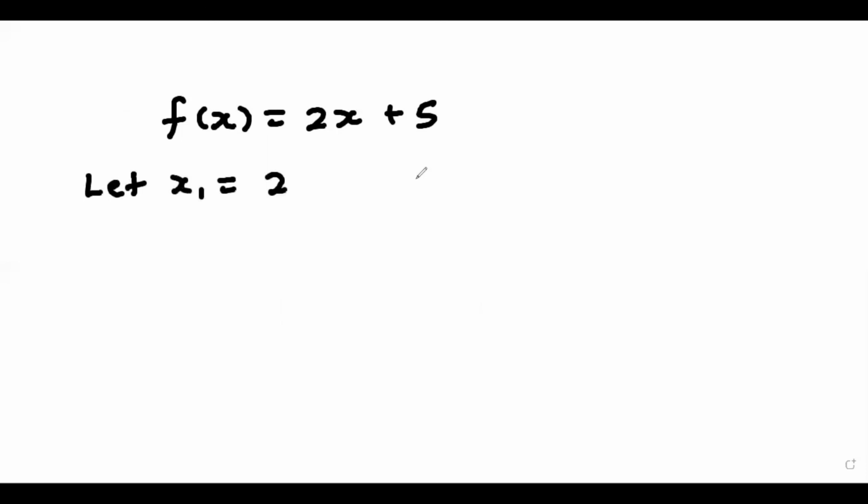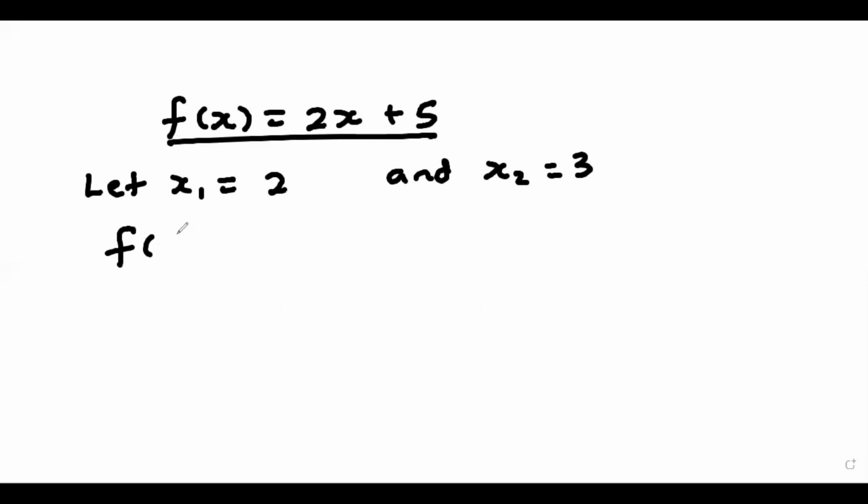In order to test if it is injective, we have f of x is equal to 2x plus 5. You want to choose two values. So for example, let x1 be equal to, I don't know, 2, and let x2 be equal to, let's say, 3. You just pick two random numbers and substitute them into this equation. For x1, f of 2 is equal to 2 times 2 plus 5, which is equal to 9.